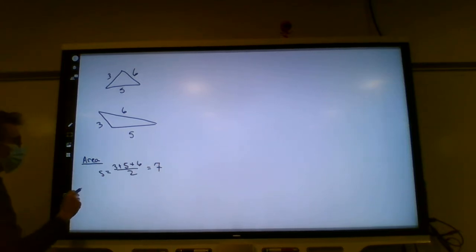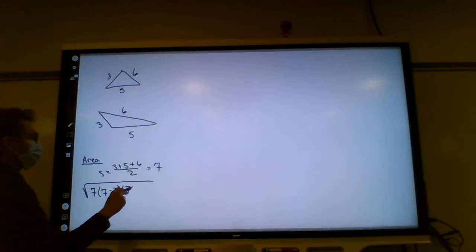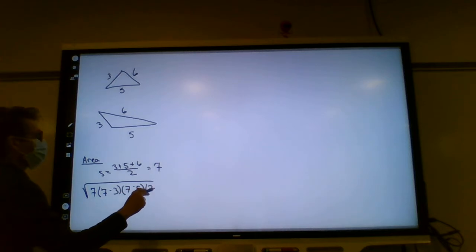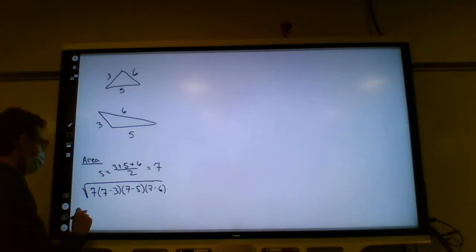And then the area would be the square root of 7 times 7 minus 3 times 7 minus 5 times 7 minus 6, which is the square root of 7 times 4 times 2 times 1.